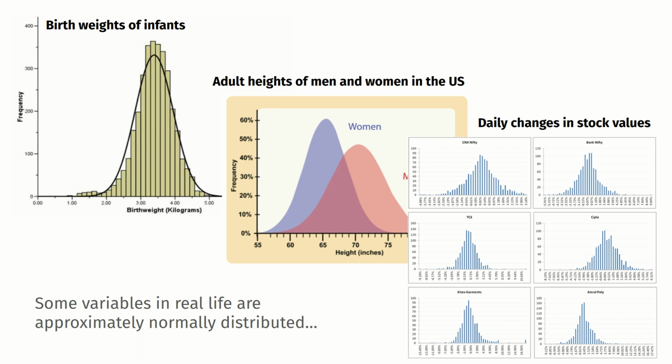Another interesting thing is that daily changes in stock values also have an approximate bell-shaped curve, as we can see in a couple of these histograms here. Although it's interesting to note that these curves, although they're bell-like, do have slightly longer tails than the normal distribution would imply.